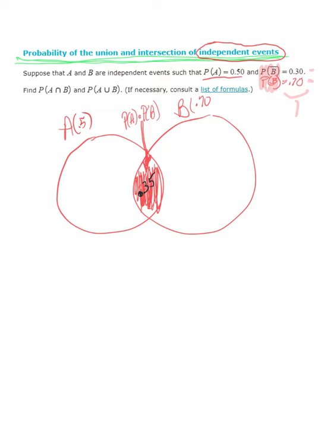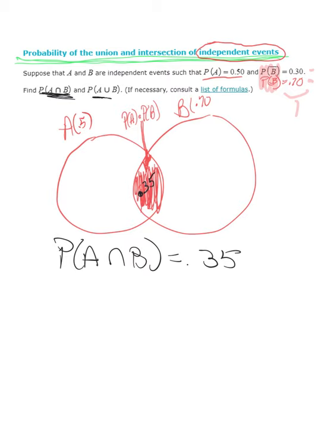So now we can start answering these questions. It says find the intersection of probability of A and B. So the probability of A intersect B is 0.35. All right.